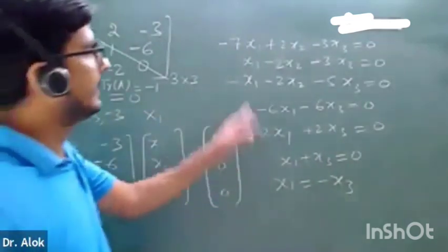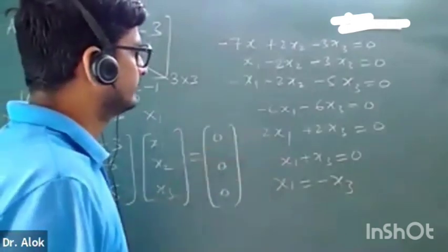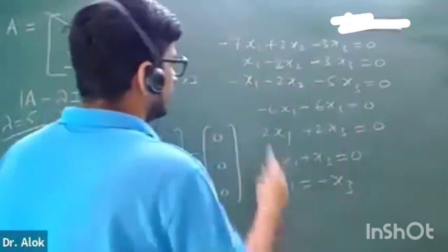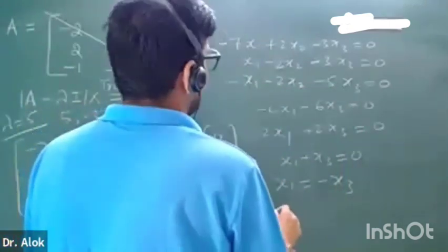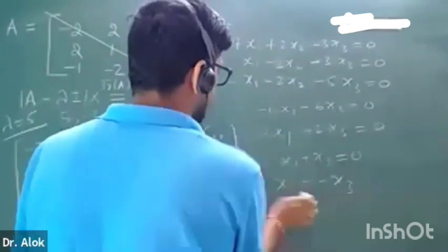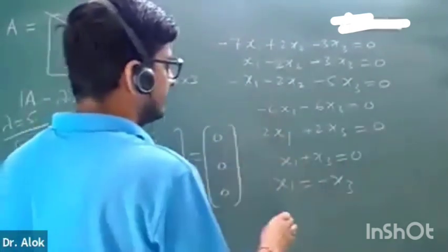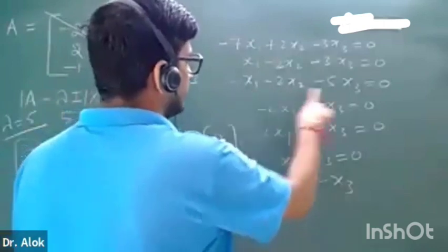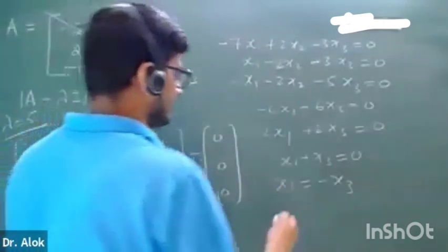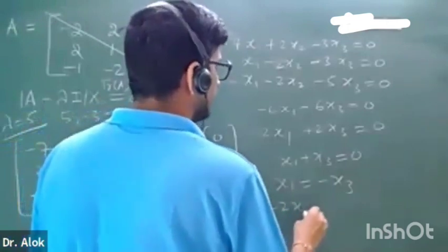So put that in any equation you like. Suppose I put it in this one. x1 is minus x3, so what will it become? x3 and minus 5, so it will become minus 2x2. Tell me, bhai.